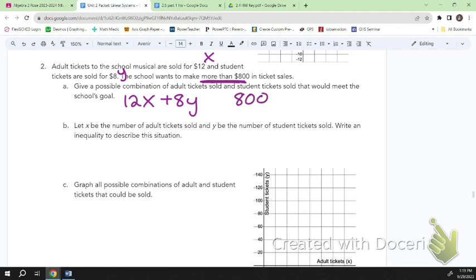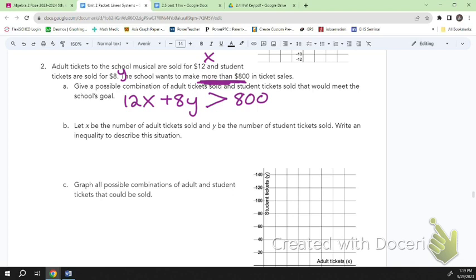What inequality sign do I put in between if I want the sales to be more than 800? It's going to be just more than. Do you see how the words say more than? And remember your alligator: the alligator wants to eat the bigger thing. And 12X plus 8Y is representing our sales.